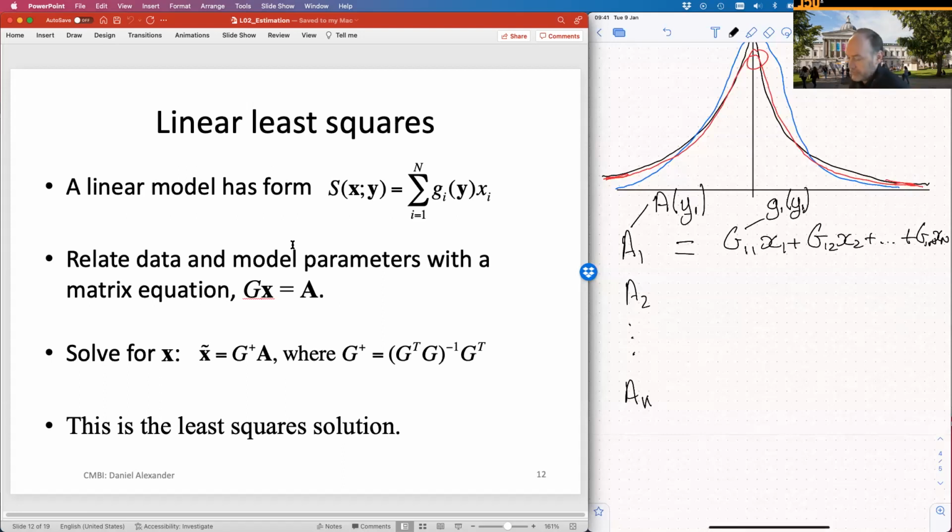So g is a function of the device settings Y. For this particular measurement, the device settings are Y1, and G11 is our function g1 of that first set of device settings. And I can write a similar expression for each of these different measurements, but the G's will be different because there are different device settings in general for each of my measurements.